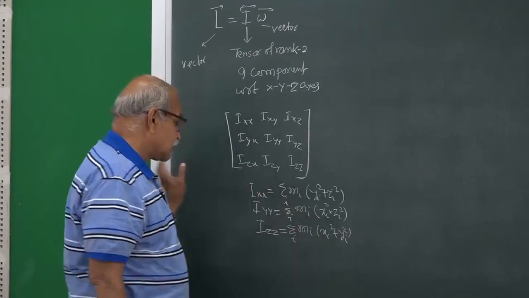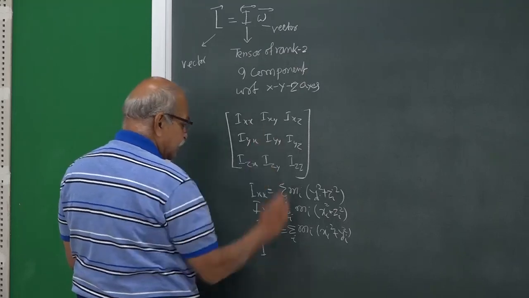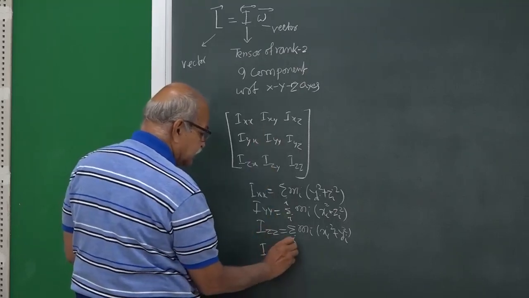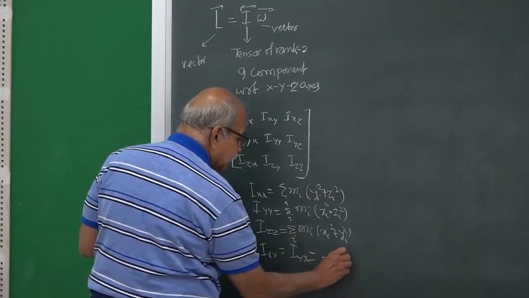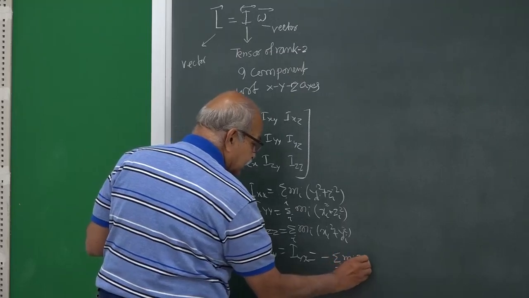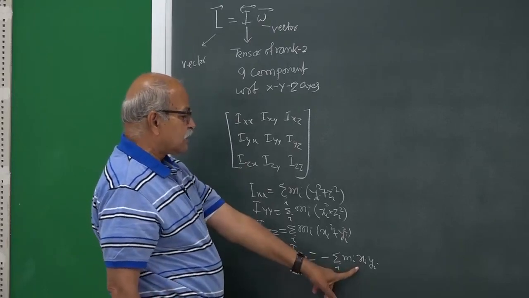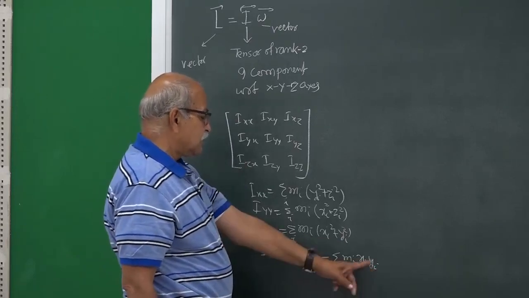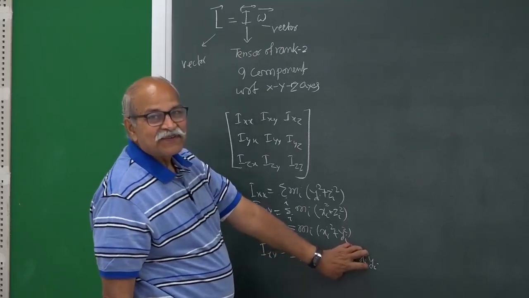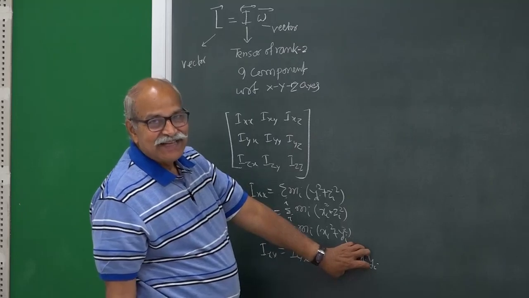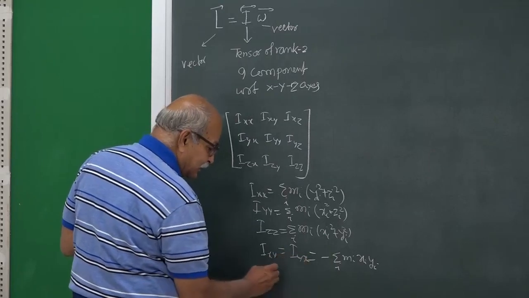But then there are other terms which are known as products of inertia, Ixy, which is the same as Iyx, and that is minus summation m_i x_i y_i. Take the ith particle, see what is the x coordinate, what is the y coordinate, what is the mass, multiply. Do it for all the particles of that rigid body and add. That is this Ixy, which is the same as Iyx.